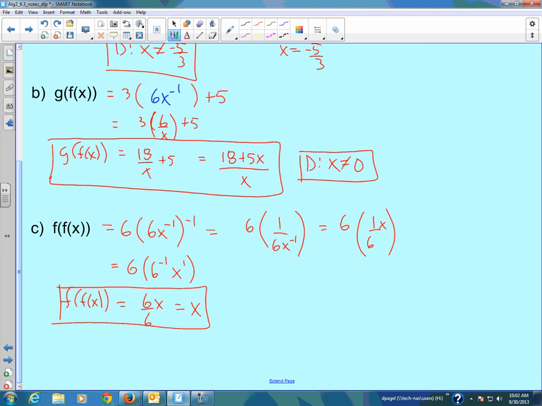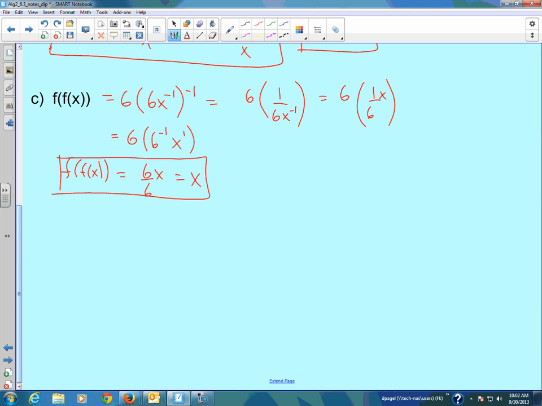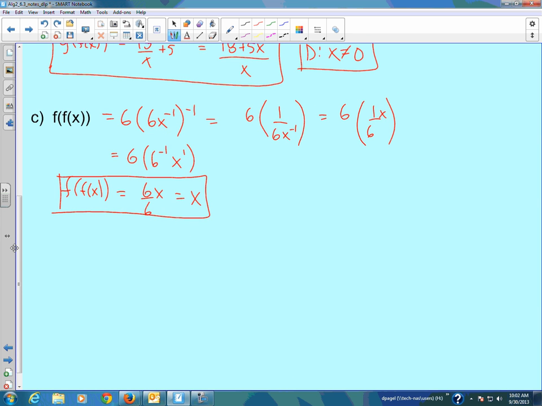We have that. Well, if I look at that function there, I don't have any variables in the denominator. So it looks like any value of x would satisfy this composite function. So I can say that x is equal to all reals.